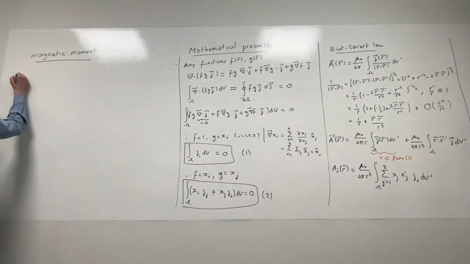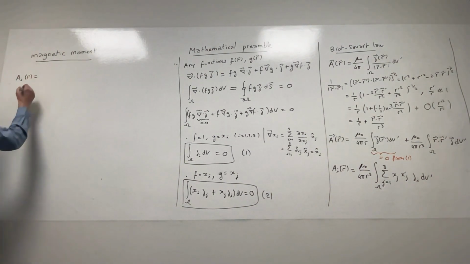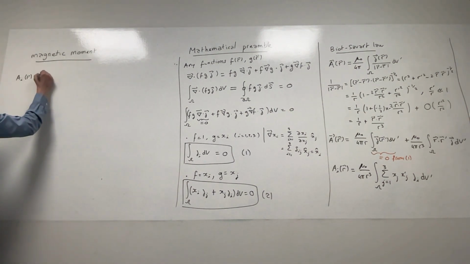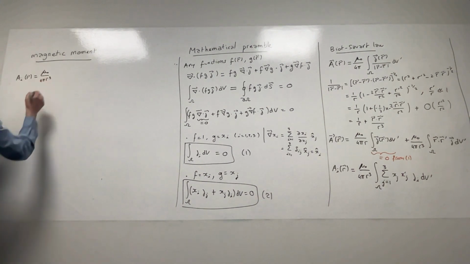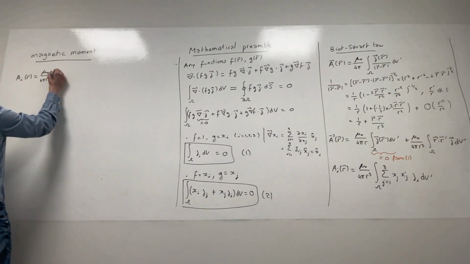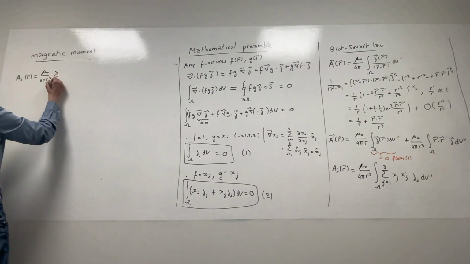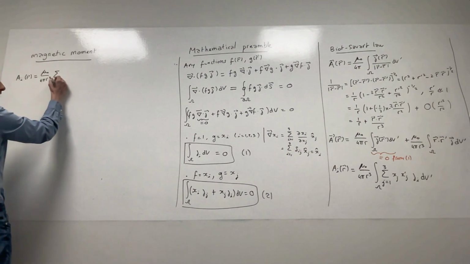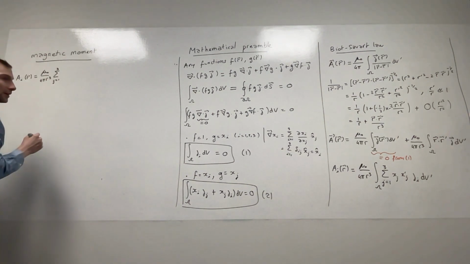So I'm going to have a_i of r equal to mu naught over 4 pi r cubed. Then I'm writing the sum, let's write the sum here, so that's j equal to 1 to 3.